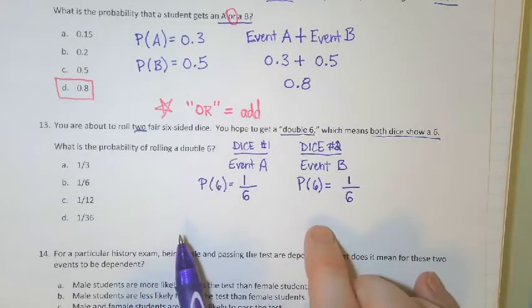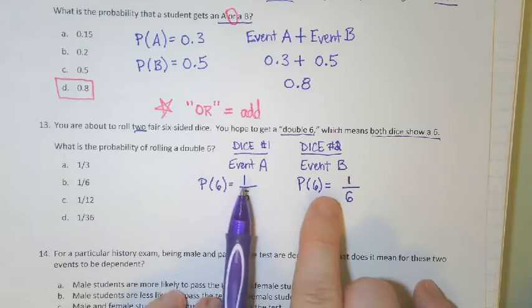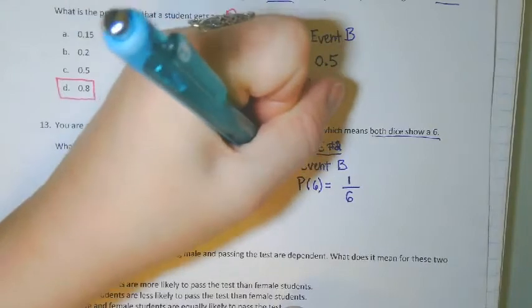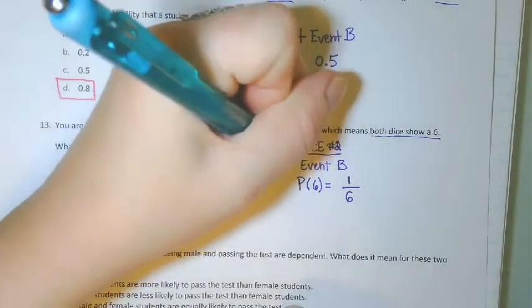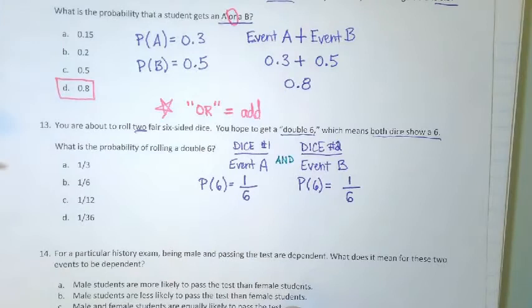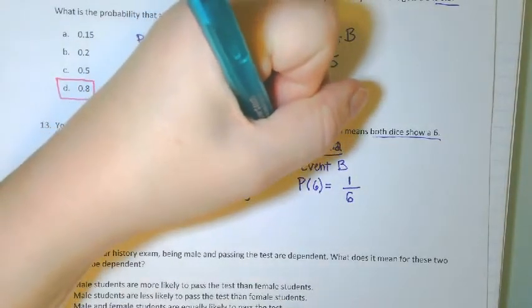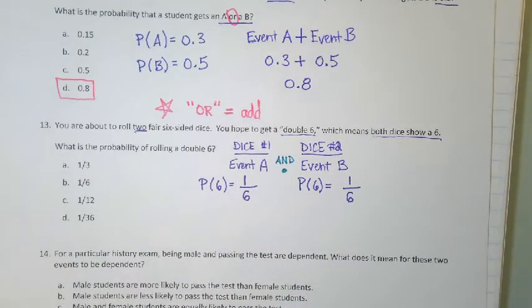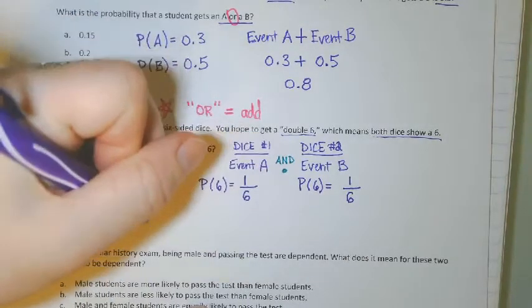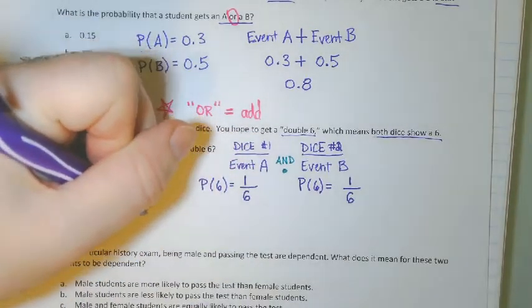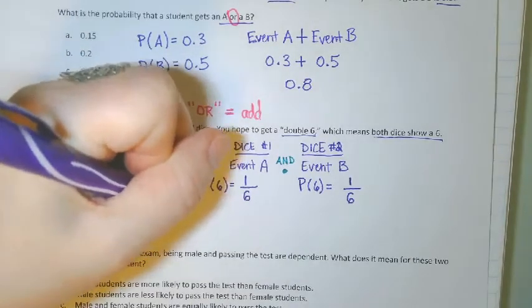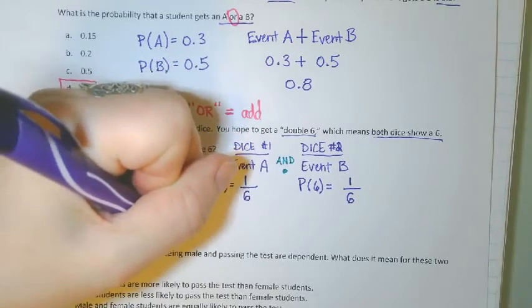If we have an and situation, we need both event A and event B to happen. In this case, we multiply the individual probabilities instead of adding. The probability of event A taking place was 1/6, and the probability of event B taking place is also 1/6.